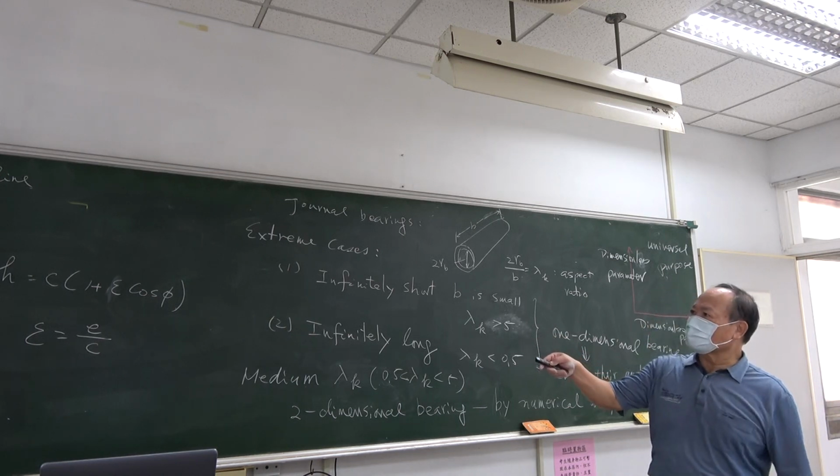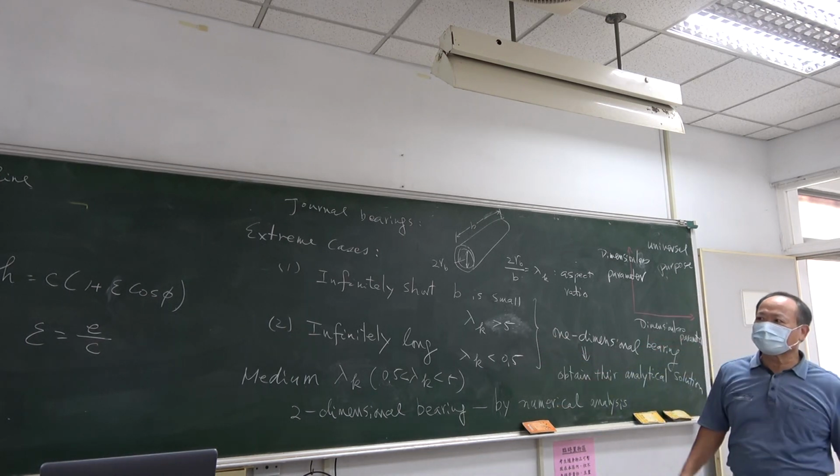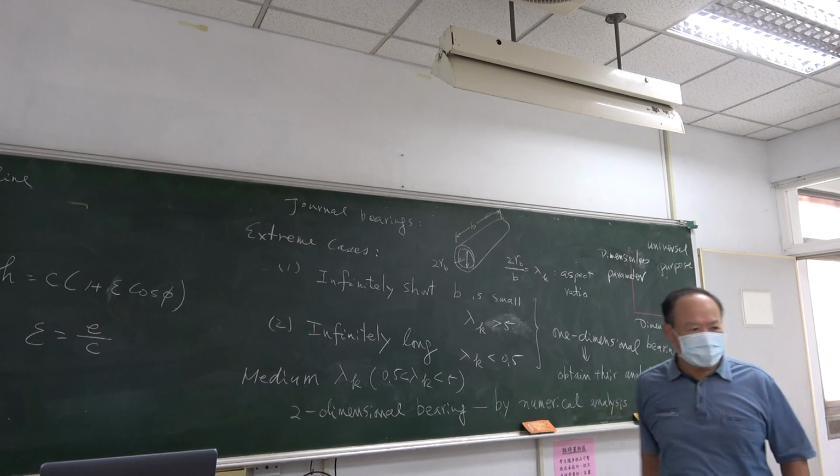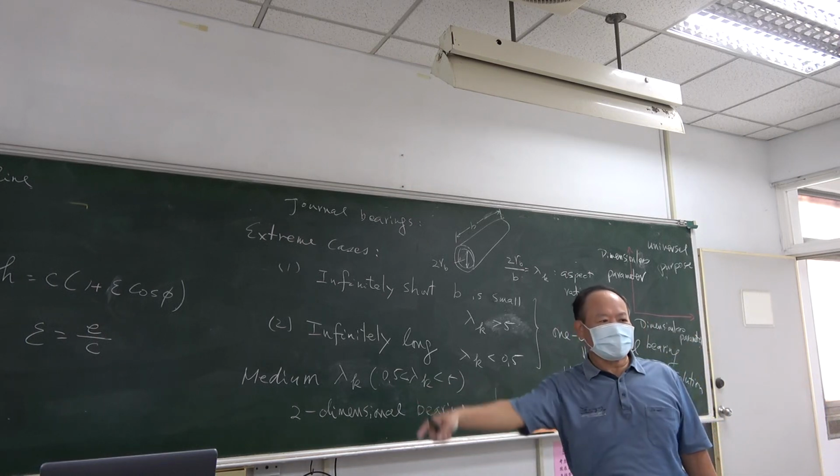So in chapter 12, most of the charts are expressed in dimensionless form. 它们都是用无因式的，所以它是可以用的，只要是 journal bearing.